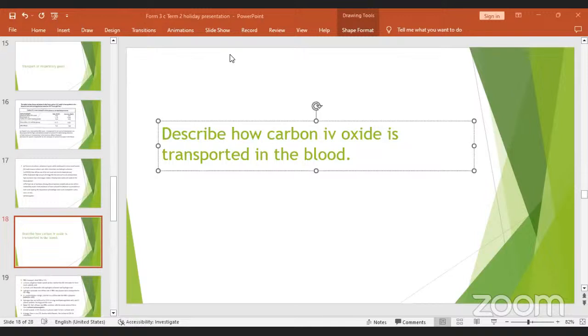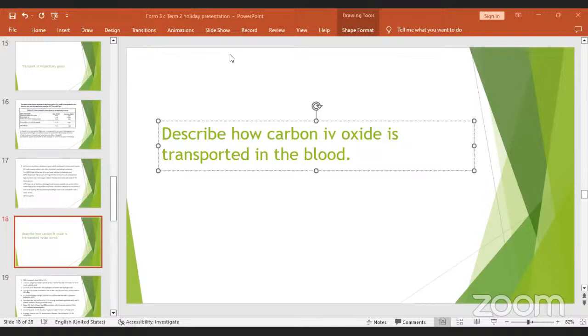Then some of the carbon dioxide will diffuse into the red blood cells. Now, it will react with amino acids in the red blood cells and form carbaminohemoglobin.